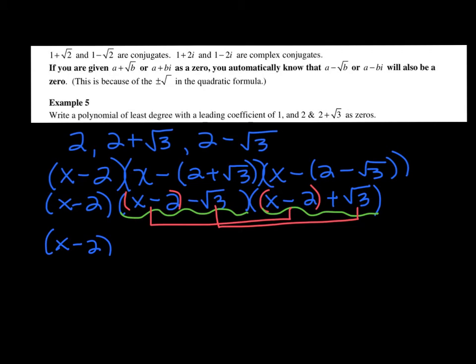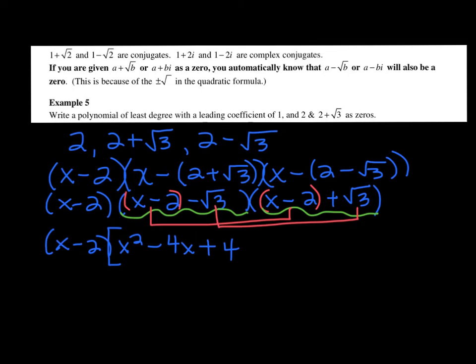And when I multiply the first times the first, x minus 2 times x minus 2, I'm going to get x squared minus 4x plus 4. And when I multiply the last times the last, I'm going to get negative square root of 9.